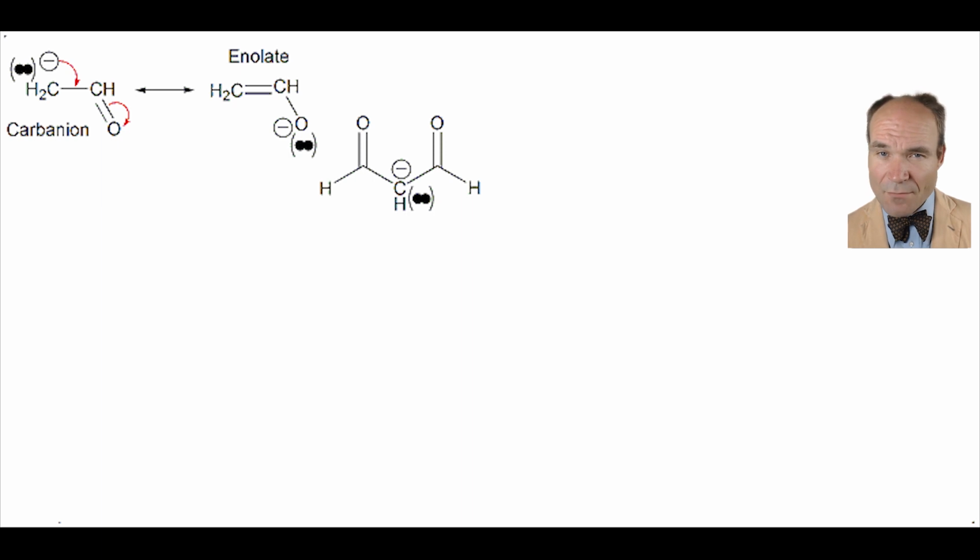But if we continue, we have another carbon and another oxygen. So the mechanism starts out identical to the last example. The negative charge starts the arrow that ends in the middle of the single bond, and then the second arrow starts in the middle of the double bond and ends on the oxygen, creating a negative charge on the oxygen.